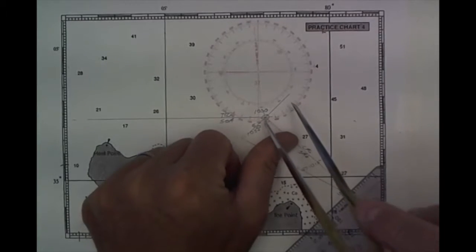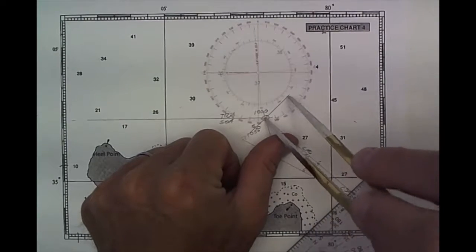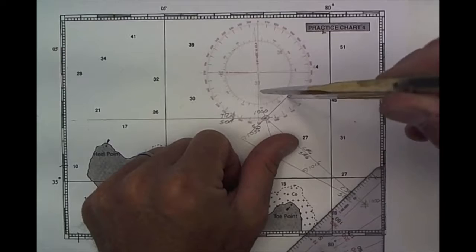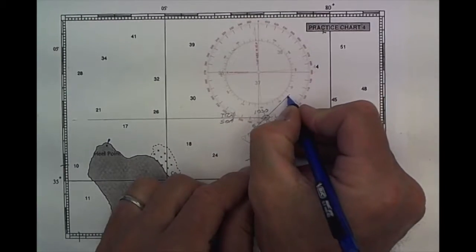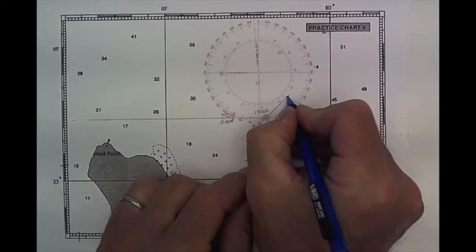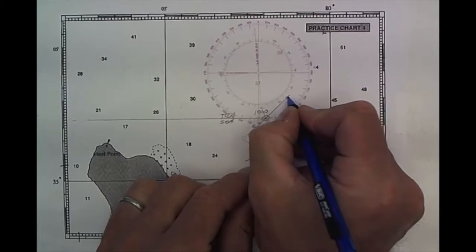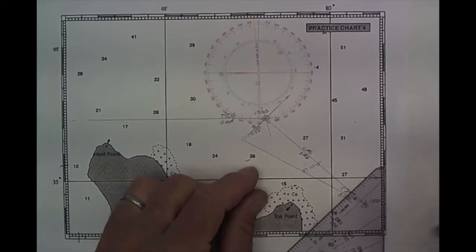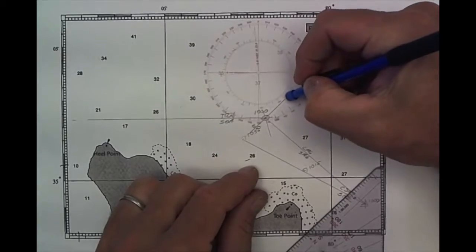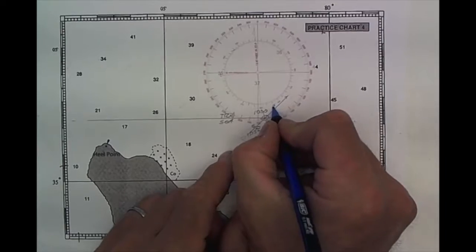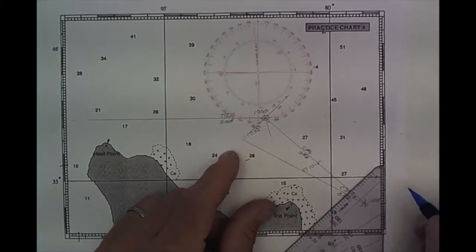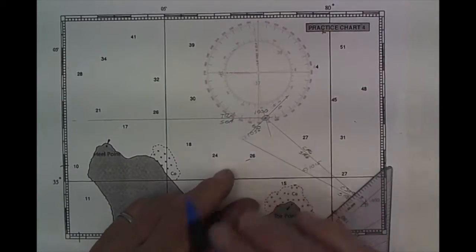The length of that set and drift vector is going to be this long. Now to help you, you might want to put a little arrowhead on the end of that vector to know the length. All right, we'll label that. That's set and drift. So we have set and drift, track and speed of advance.